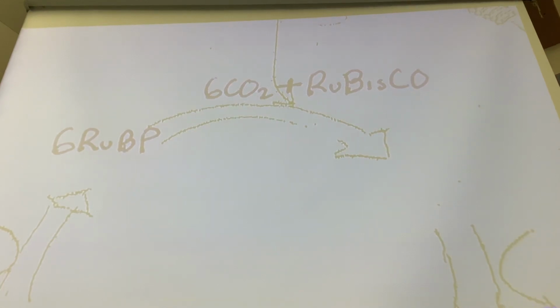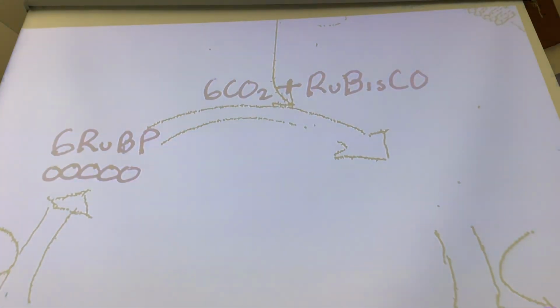Now, in order to visualize this better, I'm going to draw out the RuBP, but I'm not going to draw the whole molecule because that would be giant and annoying. So instead I'm going to make a stylized drawing, which means it's just going to give the impression of RuBP, but not really be RuBP.